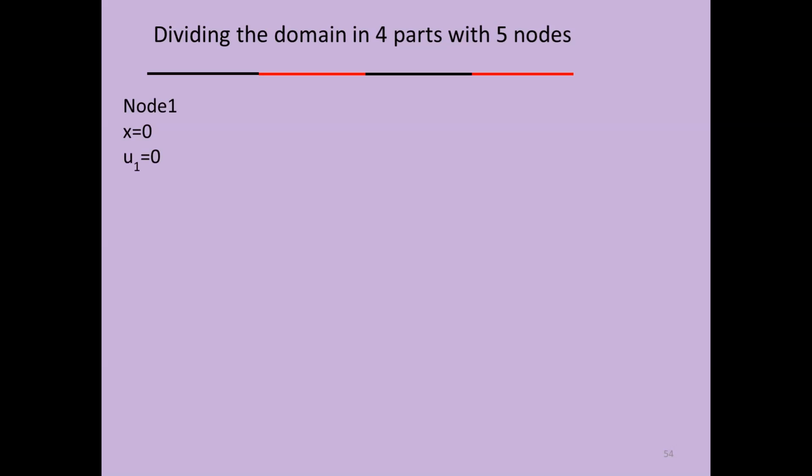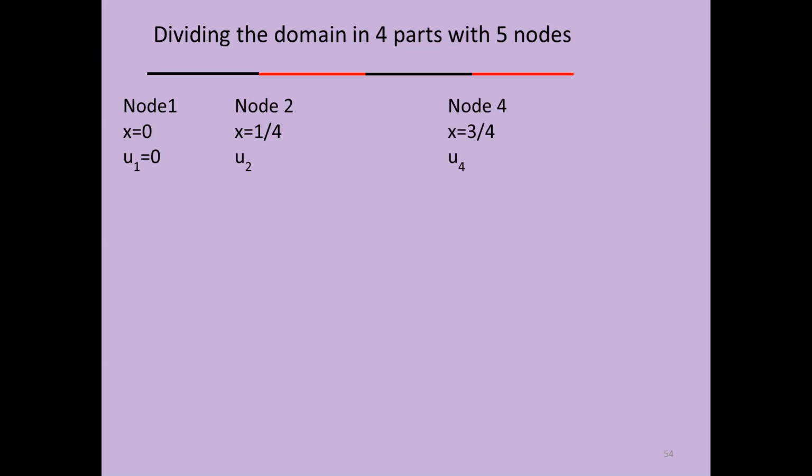And since this particular node is constrained, the value of deformation is going to be a known quantity, that is 0. Now this is the second node located at x is equal to 1 by 4, and that is going to have the deformation U2, which is unknown.